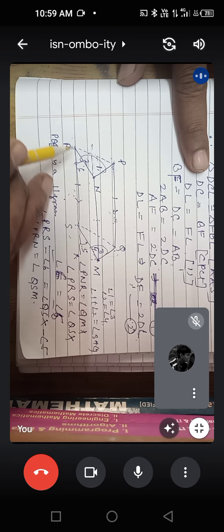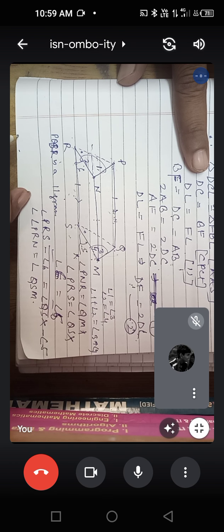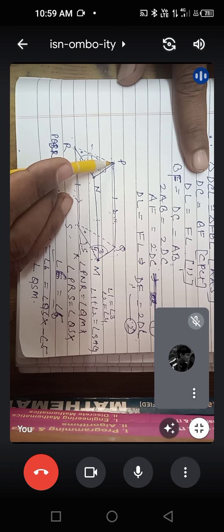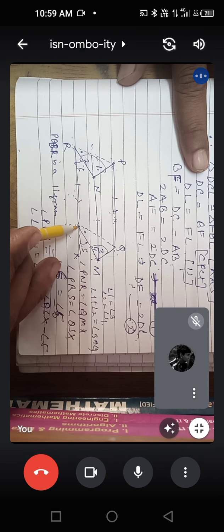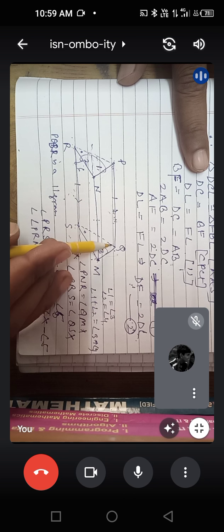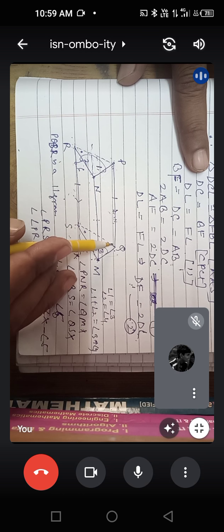Got it? And you see this angle is equal to this angle in these two triangles, right? And see this side is equal to this side. This side is equal to this side, because opposite sides of parallelogram are equal. So you conclude that this triangle is congruent to this one. Got it?